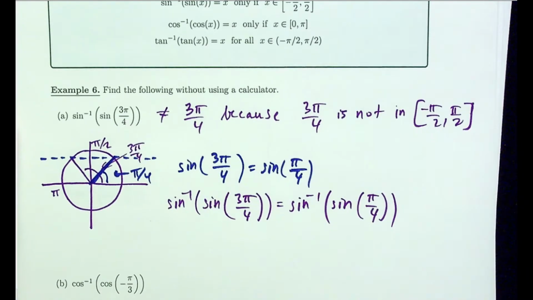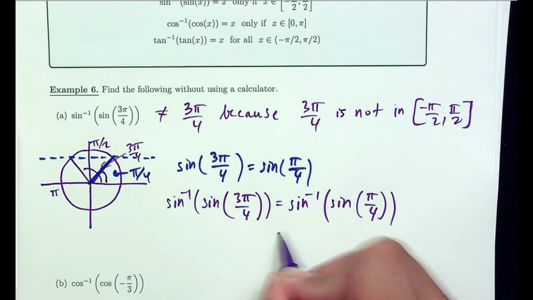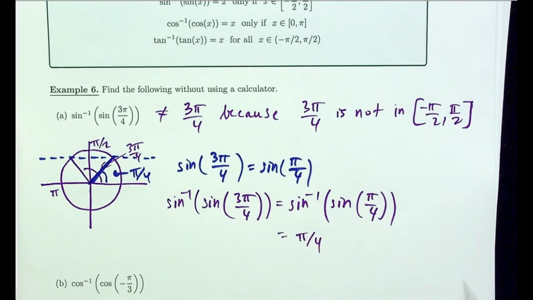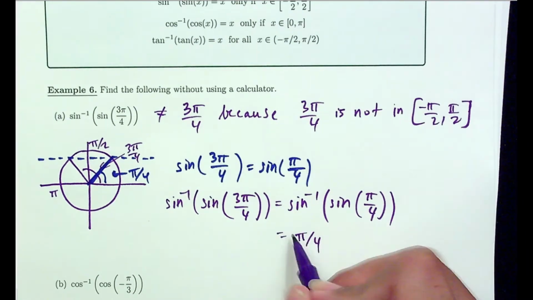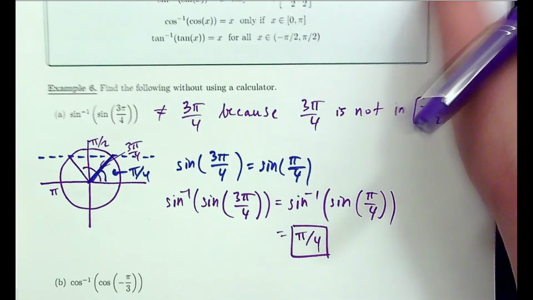So this works the way we would like it to work, meaning now sine inverse and sine cancel each other off, so you would get pi over 4. And that's the final answer. Okay, so that's how that works. Let's do another one.